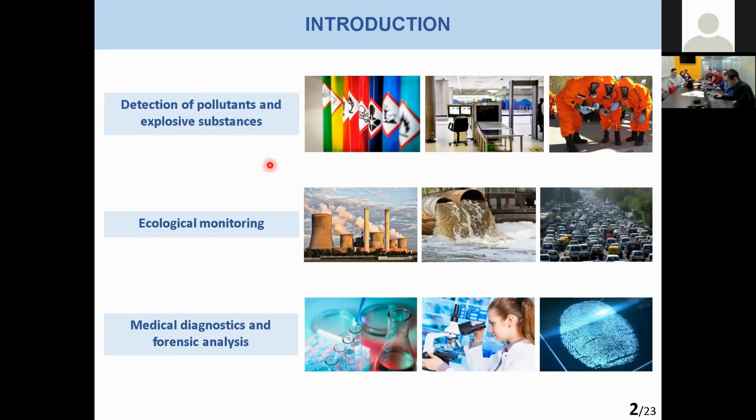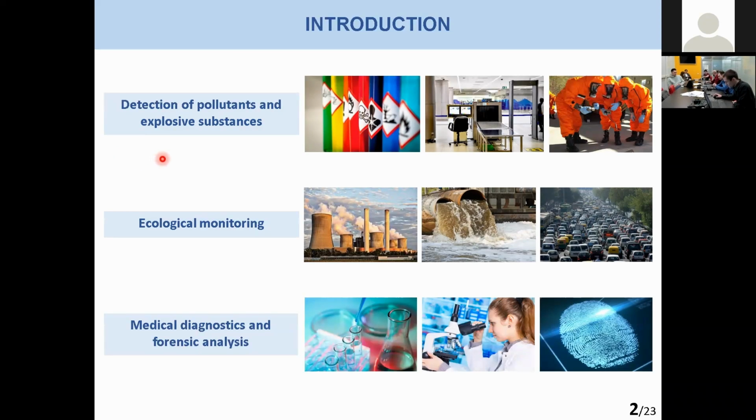Identification of organic pollutants, explosive and narcotic substances is an urgent problem in the fields of ecological monitoring, medical diagnostics, and forensic analysis. To solve these problems, non-contact optical methods of signal registration are often used.